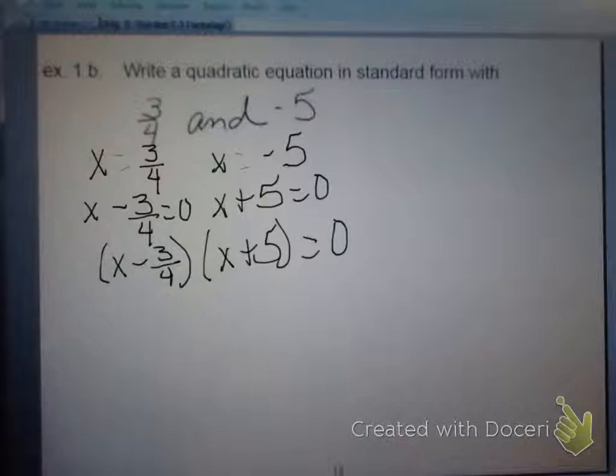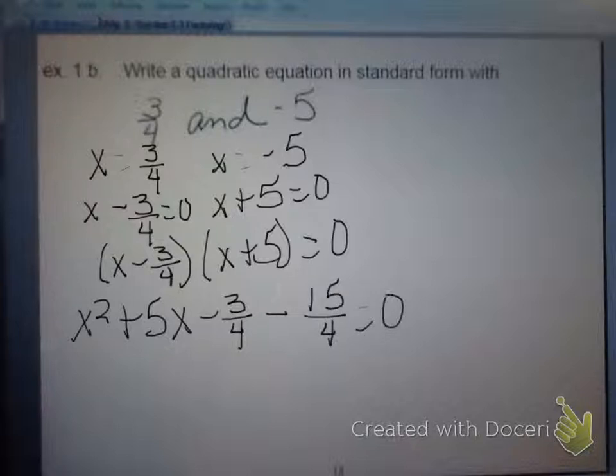Now to do the FOIL method, I get x squared plus 5x minus 3/4 x minus 15 over 4. I have to clear my fractions by multiplying each term by the least common denominator of 4.